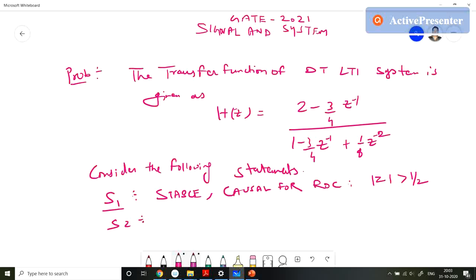So the system is stable and causal for ROC modulus of z greater than 1/2.